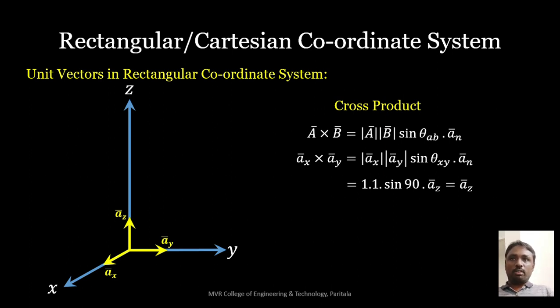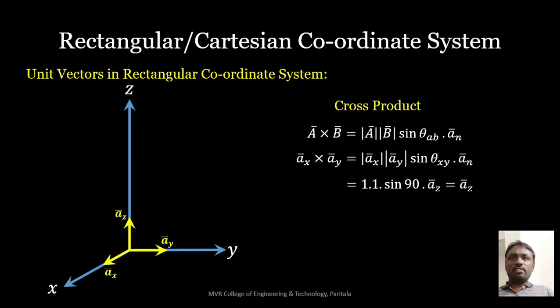That is az bar. So a n cap is az bar. This is the way we identify a unit vector that is perpendicular to the plane, here the xy plane. Already we discussed that the direction for xy is az bar in the previous one. Now also it is the same.